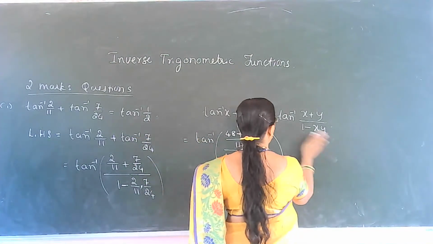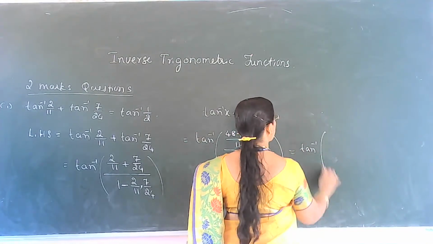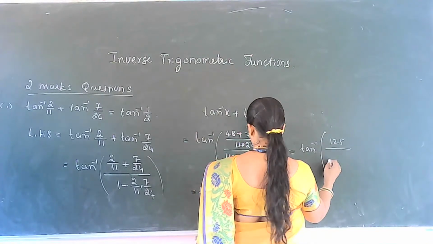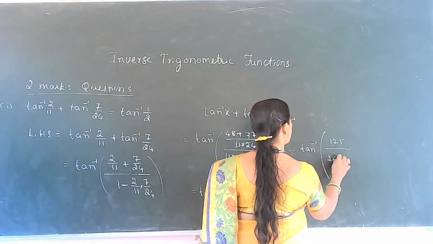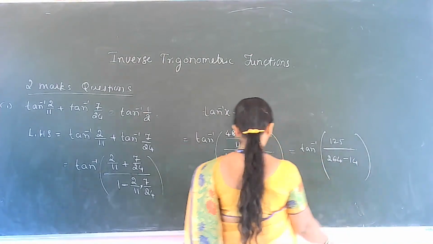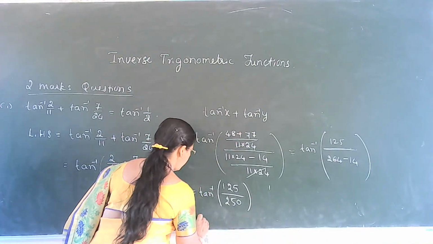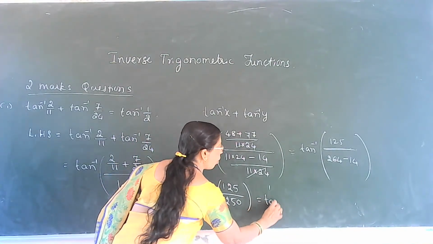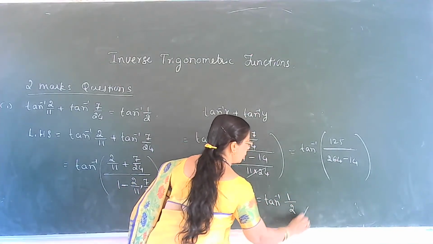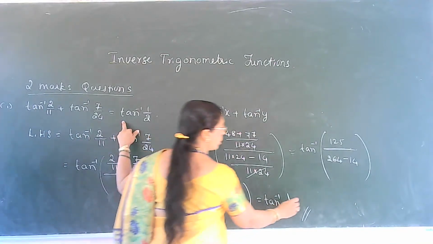Next step: 125 divided by 250, which is equal to tan inverse of 1 by 2. This is the answer, which is RHS.